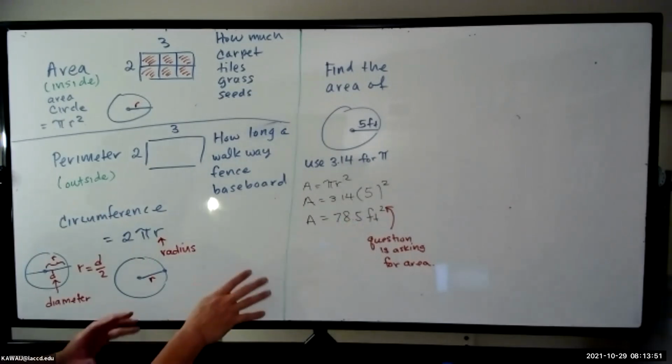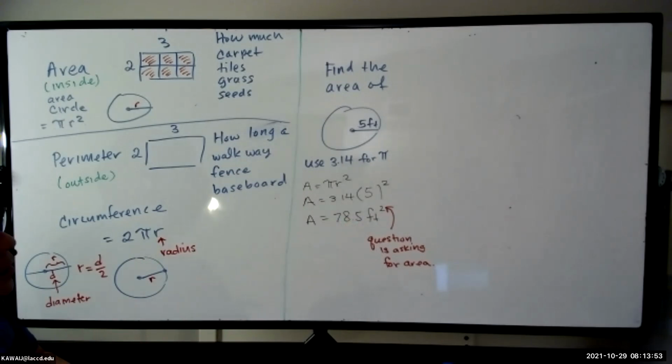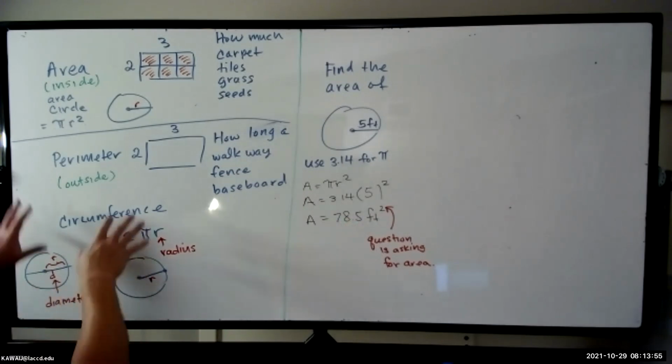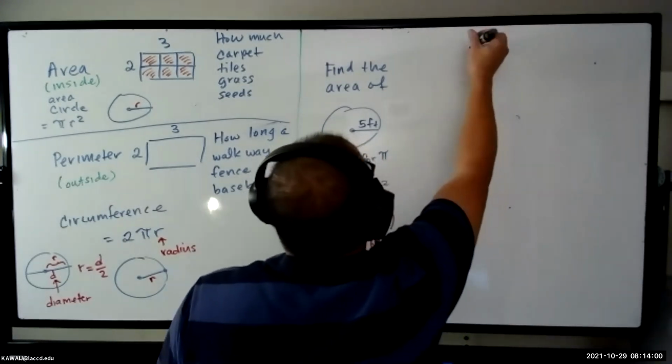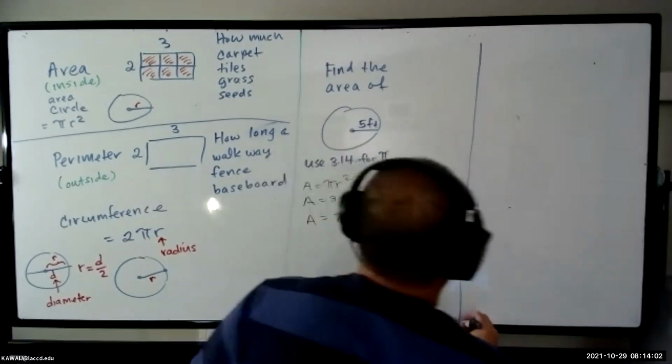Now let's look at the units for circumference and perimeter. Okay.